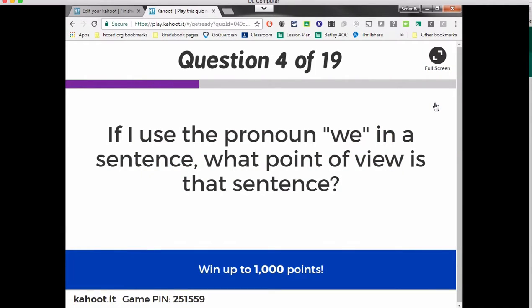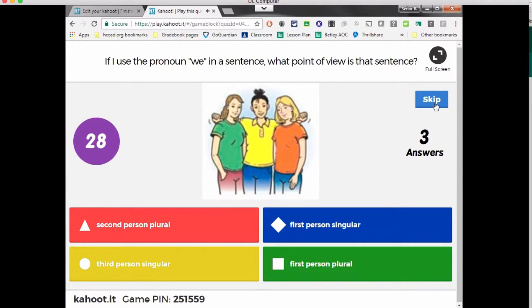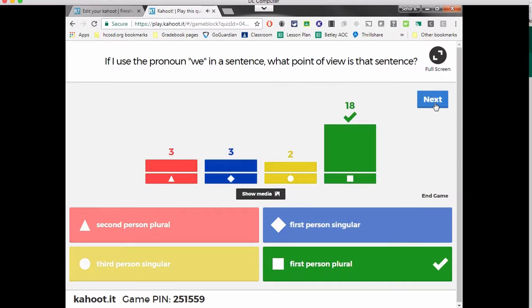What about we? What point of view is we? We is plural.